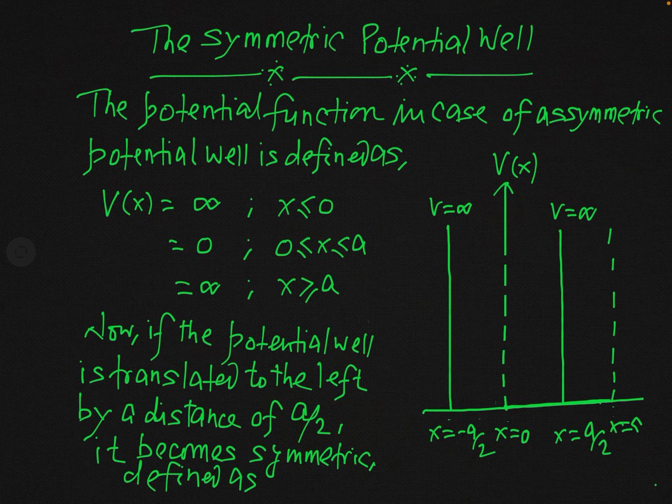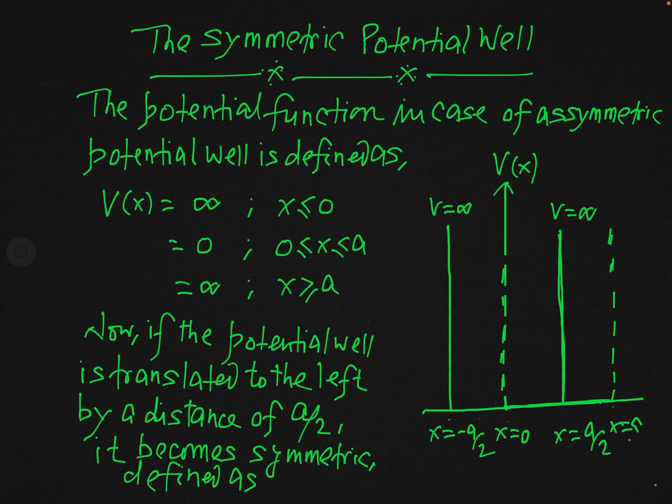Now you will see that due to a spatial translation, this asymmetric potential well will turn into a symmetric potential well. Let us consider that the potential well is translated to the left by a distance a by 2, so that this dotted line is now at x equal to a by 2, and this dotted line is now at x equal to minus a by 2.